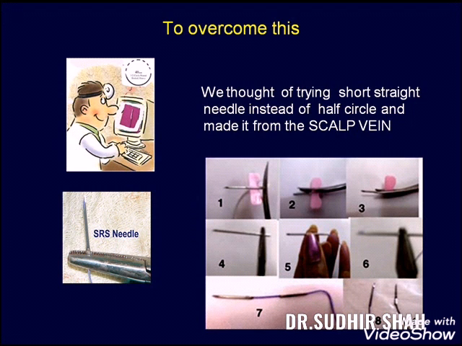in 2003 we thought of trying a short straight needle instead of a half circle, and we made it from a scalp vein needle, because no straight needle was available in those days.